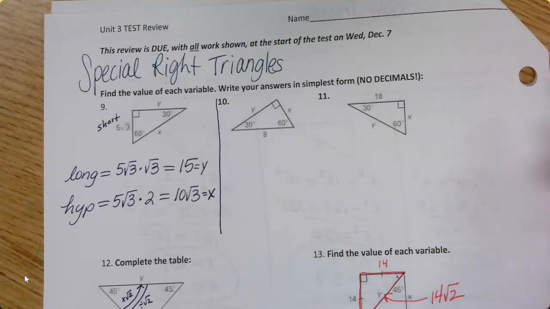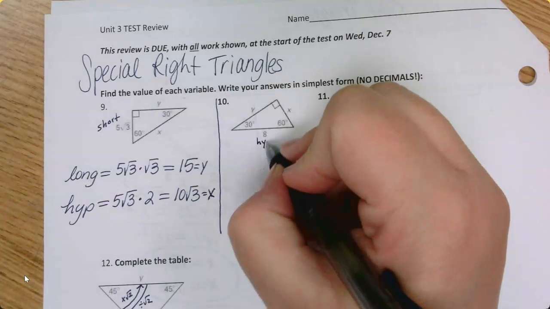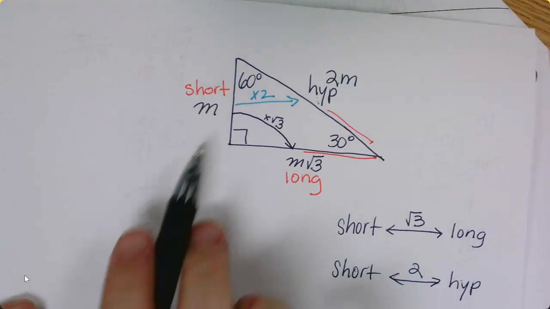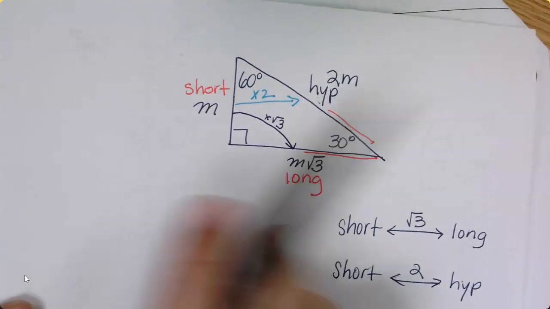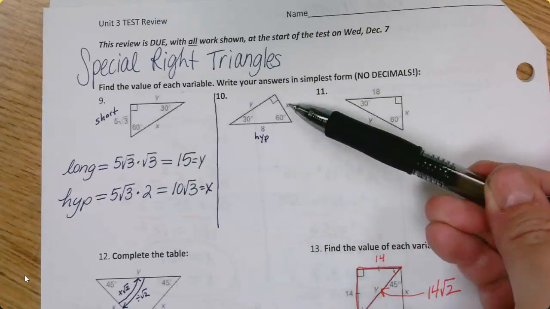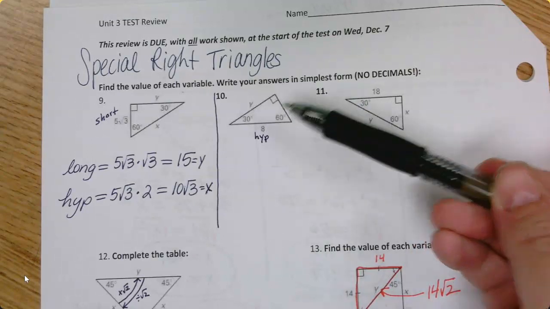All right, next one. This time I'm starting with the hypotenuse. If you start with anything besides the short leg, since the rule is written from the standpoint of the short leg, always go to the short leg first. So remember that the short leg times 2 gives you the hypotenuse. So going back from the hypotenuse to the short leg, I divide by 2.